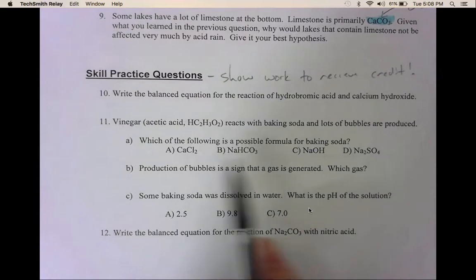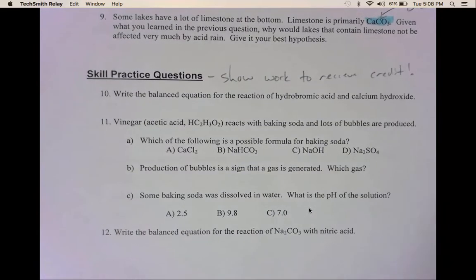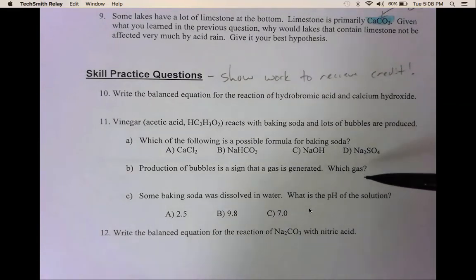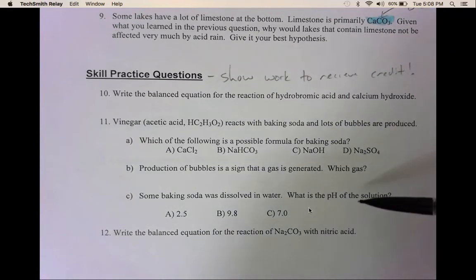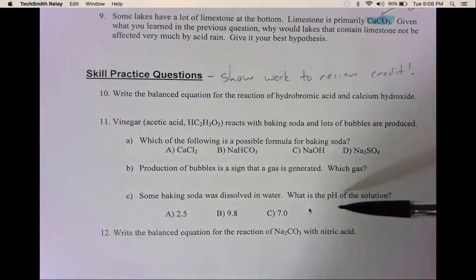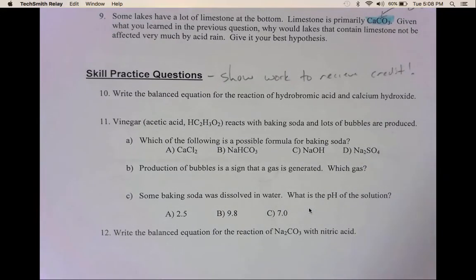You'll be able to tell based on how stuff reacts what the formula for baking soda is. You'll be able to tell what bubbles mean. And then you can think about the pH for baking soda. Using the formula that you get in part A will be helpful because you'll be able to tell whether it's an acid or a base.